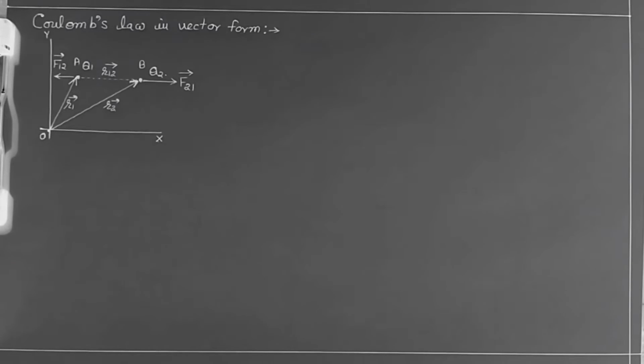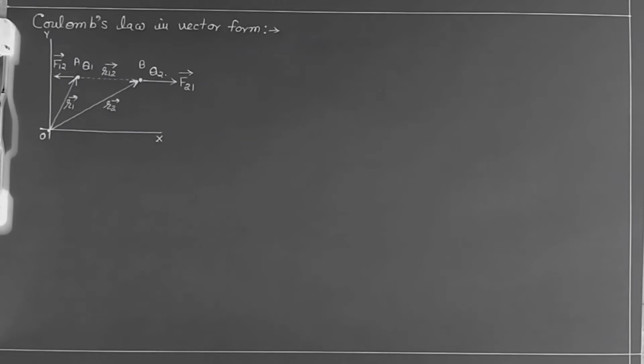According to Coulomb's law, the electrostatic force acting between two stationary point charges is, number one, directly proportional to the product of the magnitudes of the two charges, and it is inversely proportional to the square of the distance between the two point charges, right?